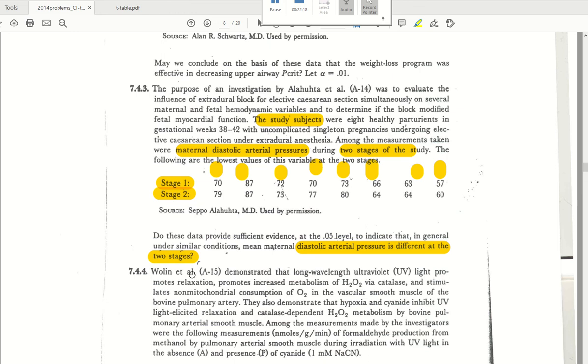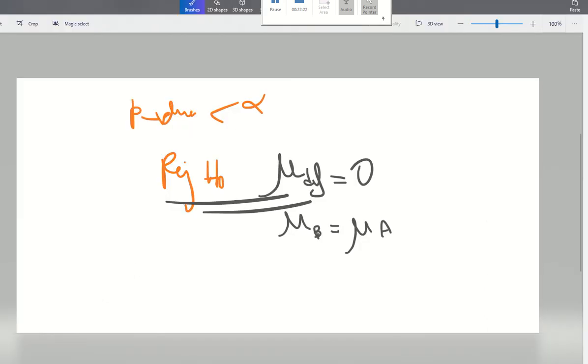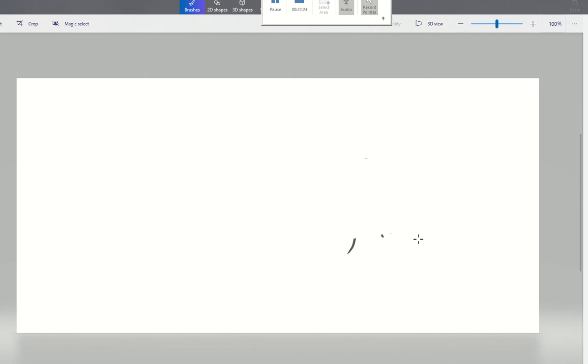Okay. So how do I set it up? Let's go back here, clean up. Okay, so now let's write the 7 steps. Step number 1, I need to write my null hypothesis. Now remember, the null hypothesis states that there's nothing, there's no change, there is no difference.